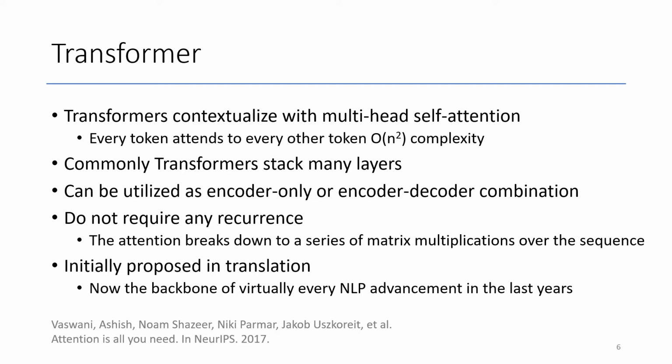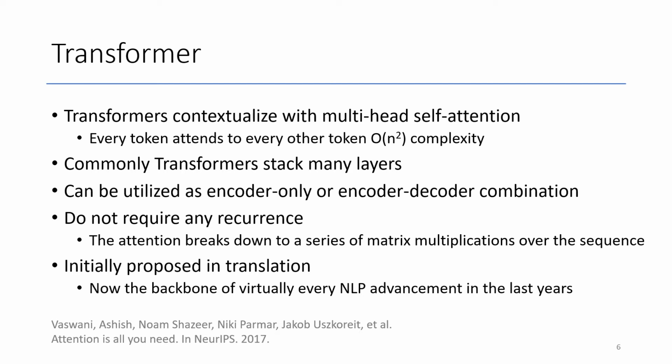The large improvement over RNNs comes from the fact that transformers do not require any recurrence. So the attention is done via a series of matrix multiplications over the sequence as one tensor, and we don't have to go through the sequence step by step, which of course makes the computation easier.